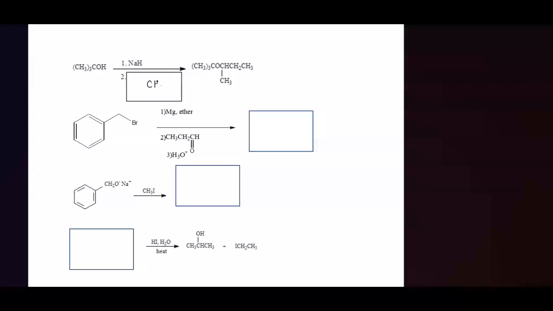You can use CH3CH2CH2 and then a CH3 over here, and then your Br or chloride, whichever halogen you want to use. This is your alkyl halide, and that will give you this product. So this is also a Williamson ether synthesis.